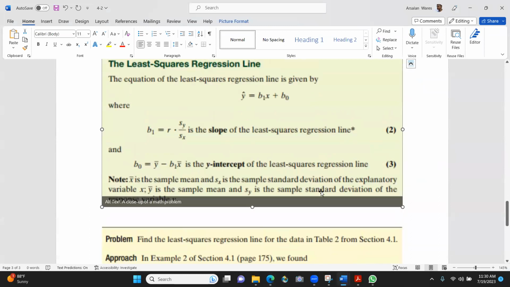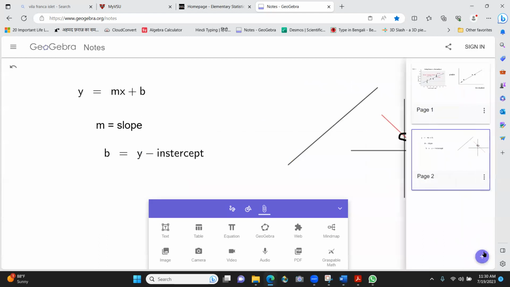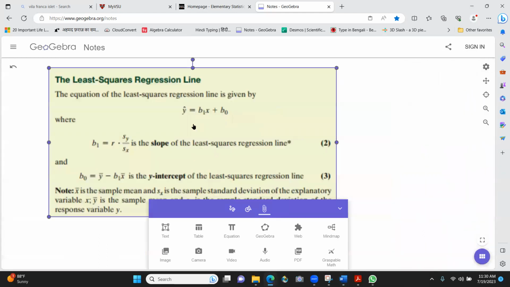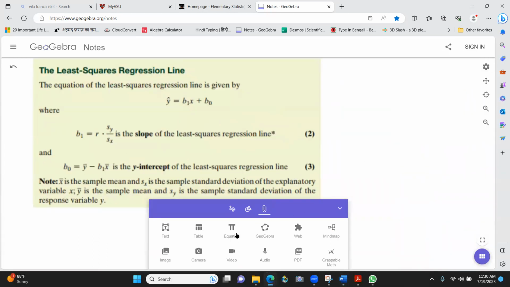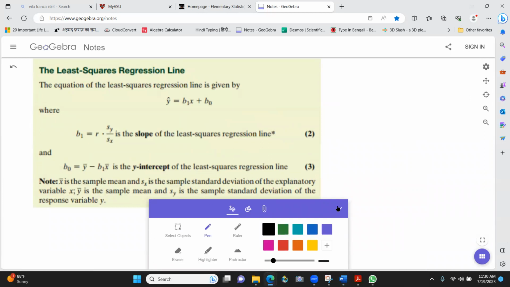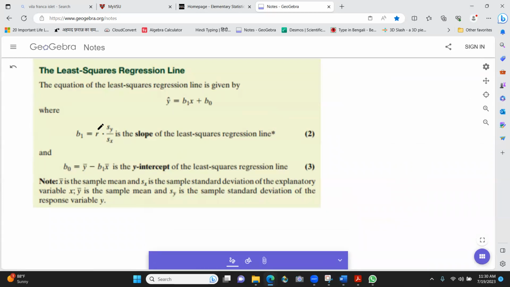Now, the good news is it's based on all the things we have learned to find. The Pearson R that we learned to calculate last class times sy, the standard deviation of the y variables, divided by sx, will give you the slope.